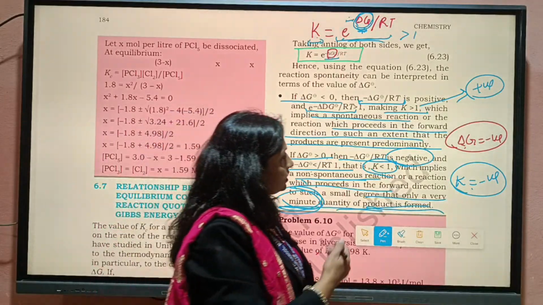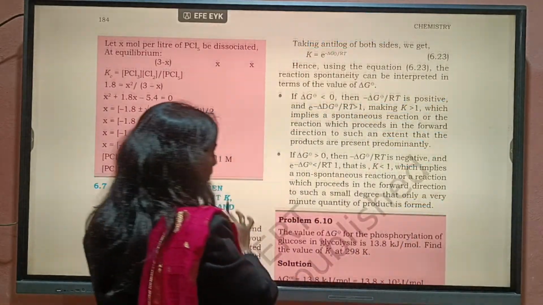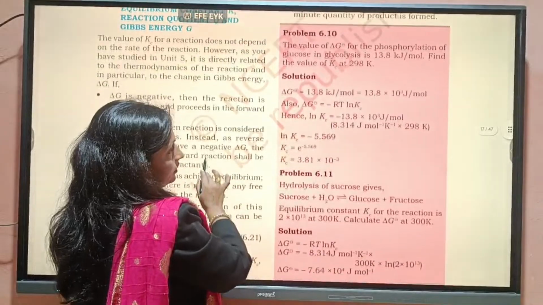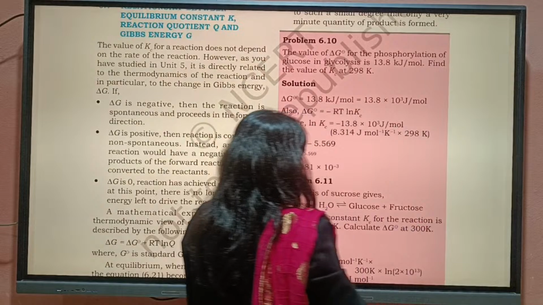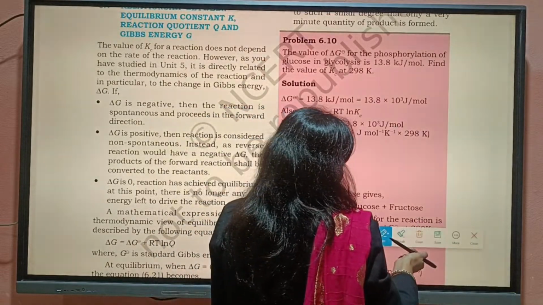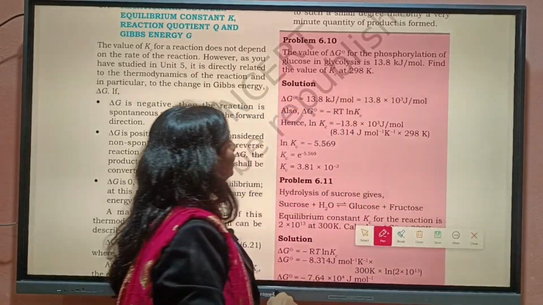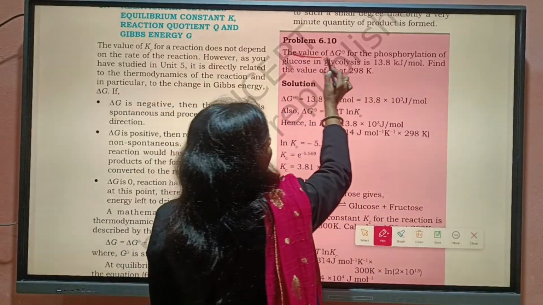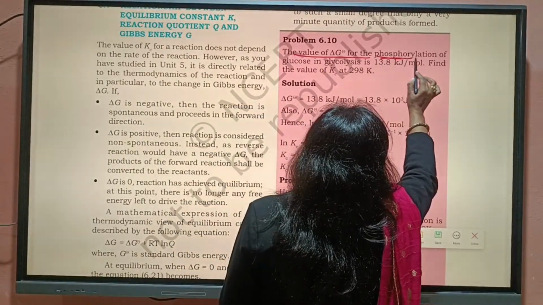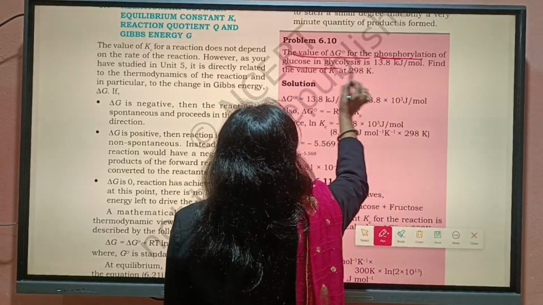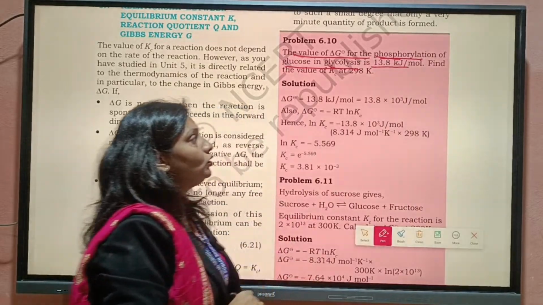Okay, so students, in this way we can do. You can get numericals also from here. The value of del G naught of the phosphorylation of glucose in glycolysis is 13.8 kilojoule per mole.